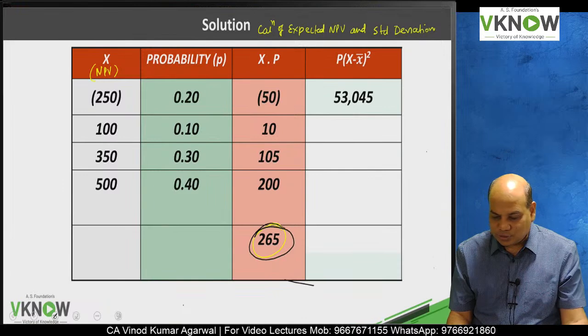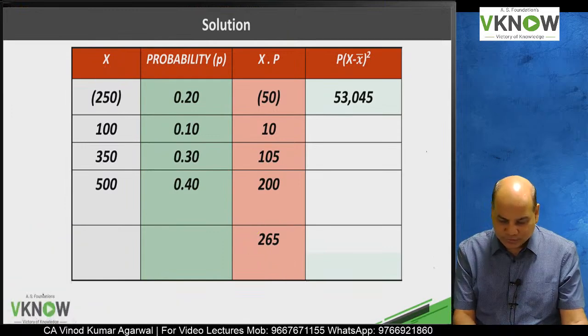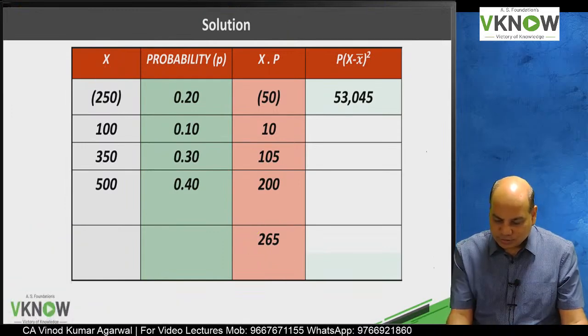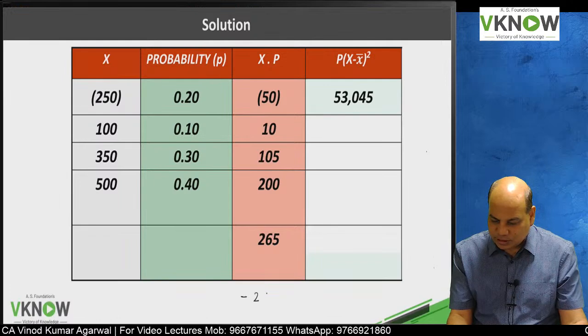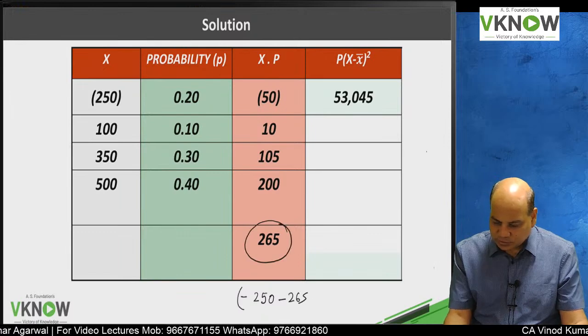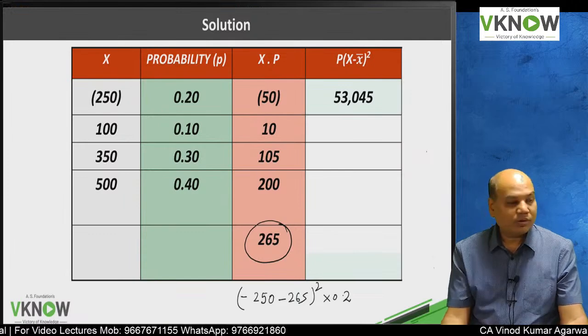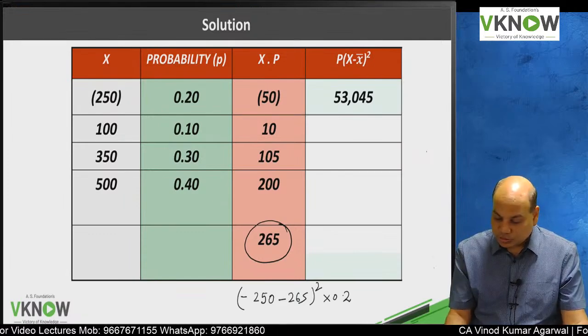Okay, now you compute p into (x minus x bar) square. How do I compute it? I will tell you one. First one is 250 minus 265, this is your x bar, take the square, into 0.2.